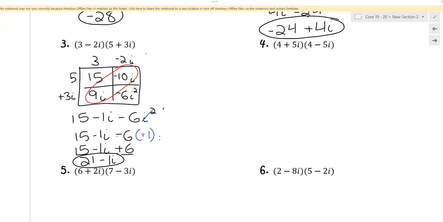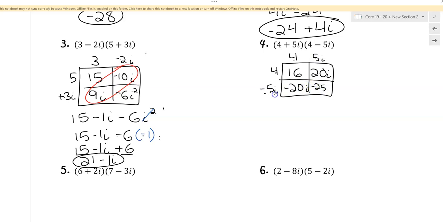4 plus 5i times 4 minus 5i. We have 4 and plus 5i, and 4 and minus 5i. 4 times 4 is 16. 4 times 5 is 20, there is an i. -5 times 4 is -20, there is an i. -5 times 5 is -25. i times i is i squared.